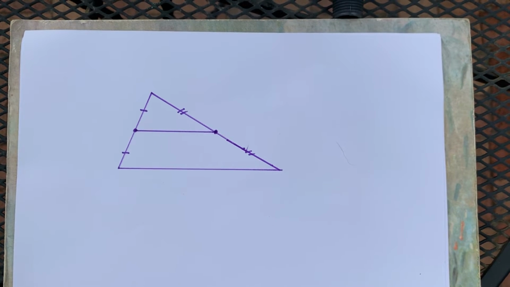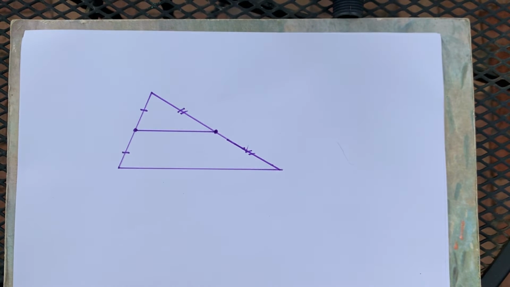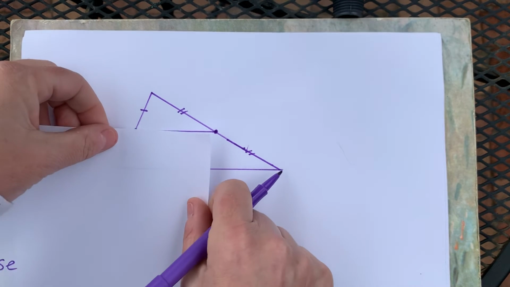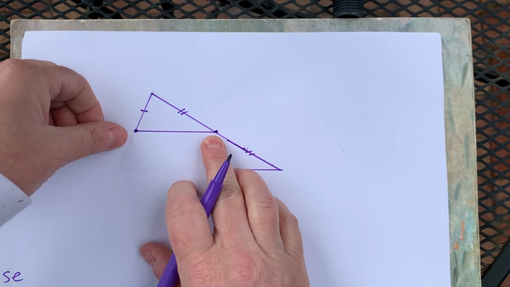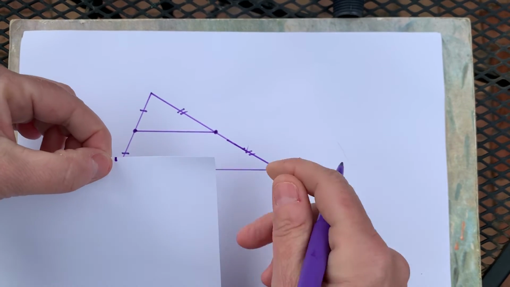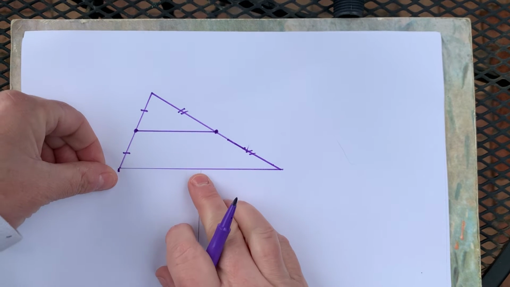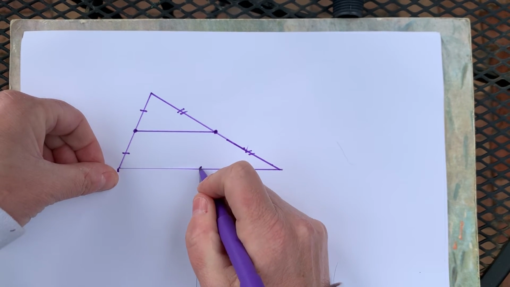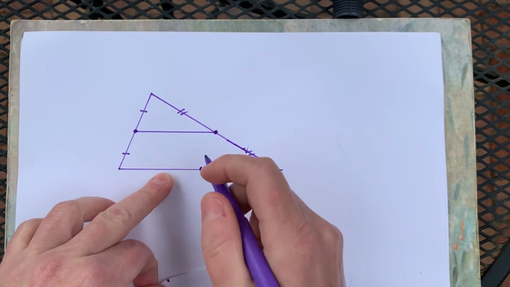All right, so when I look at this, I wonder what the length of this one here is compared to the length of this one here. And again, let's pretend I don't have a ruler. So I'm going to take my piece of paper, match up the corner to one of those vertices, and mark the other one there. Okay, so that's the length of that segment. I'm going to move it down and compare it to this one here. And oh my gosh, looky there.